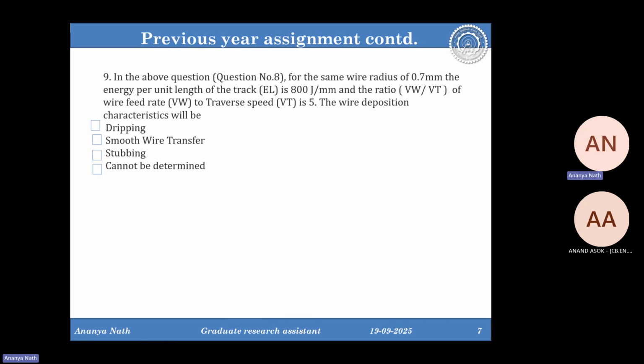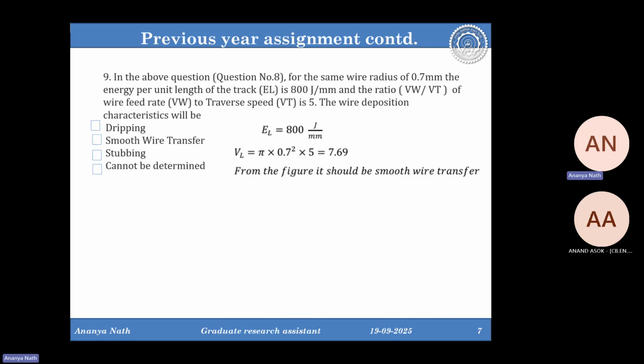So then we have the ninth. In the above question, for the same wire radius of 0.7 mm, the wire deposition characteristics will be: EL is already given, 800 joule per millimeter. VL we can calculate from the formula. From the figure, it should be smooth wire transfer, like the previous one.